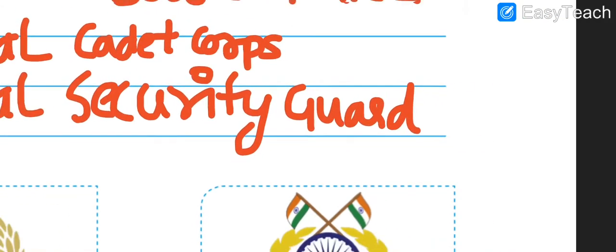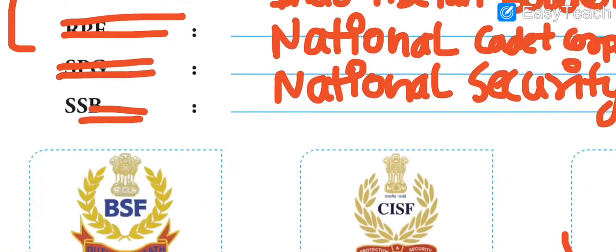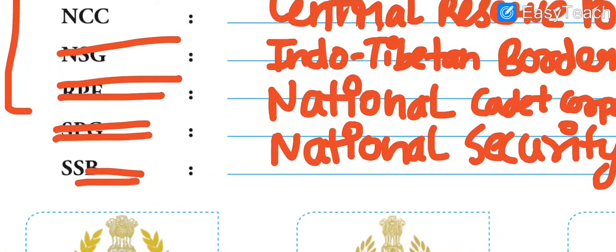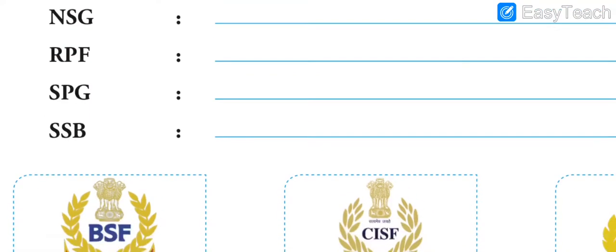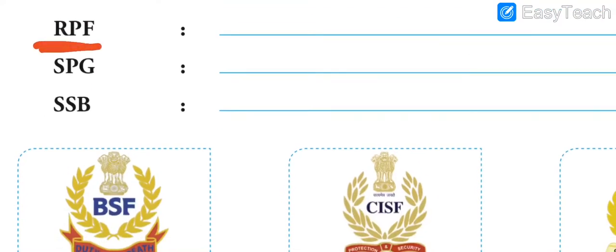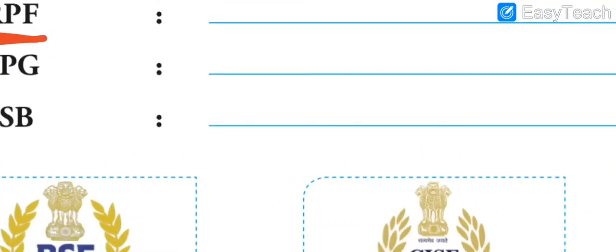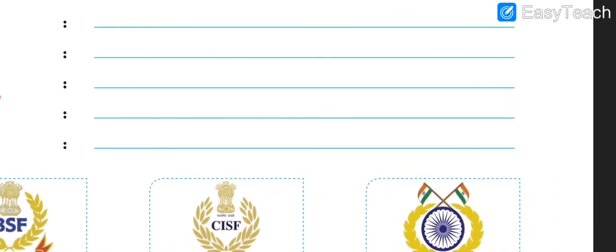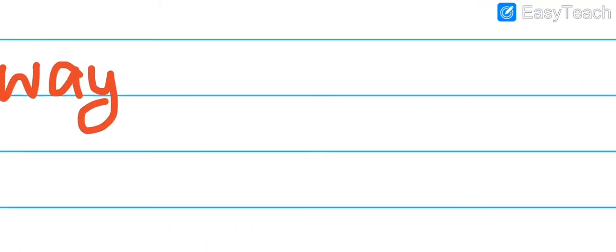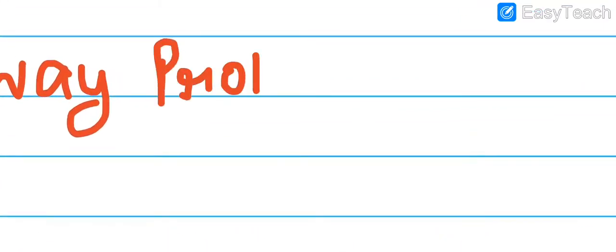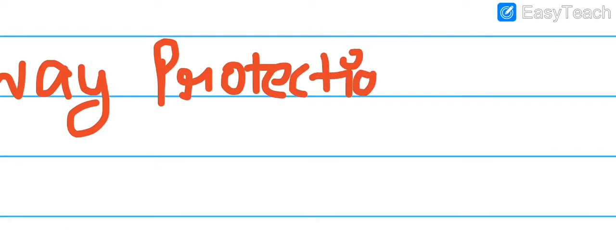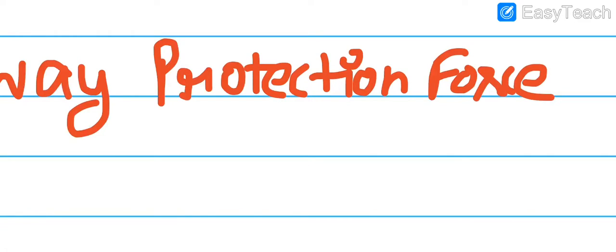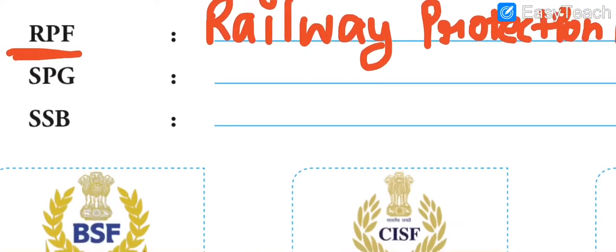NSG means National Security Guard. I'll just clear the screen. Next we have RPF. RPF stands for Railway Protection Force. RPF stands for the Railway Protection Force.